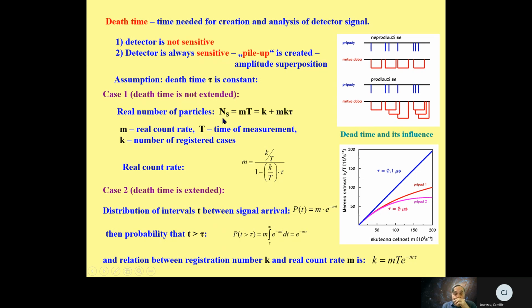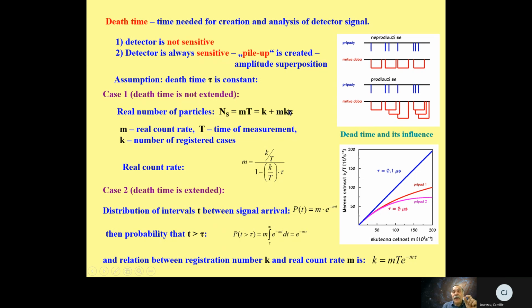This real number of particles is given by the real count rate times the time of measurement, and also it is given by the number of registered events, and also this was lost. This is the number of registered events times that time.